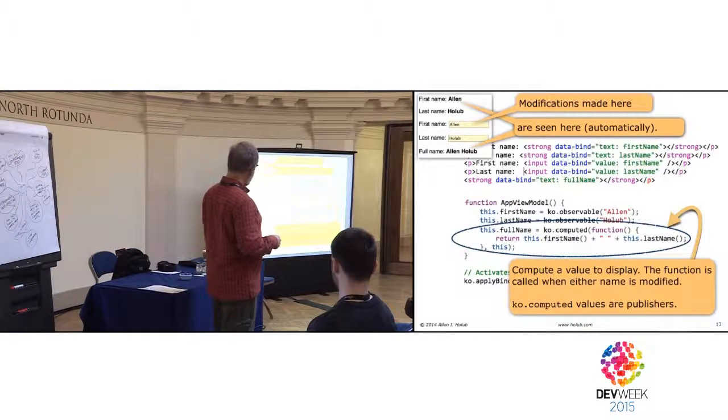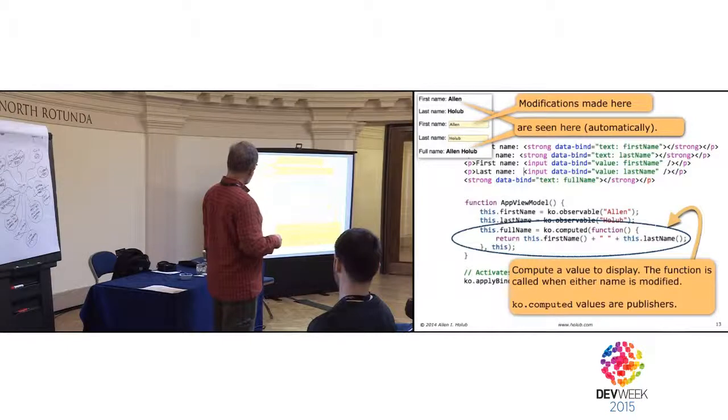And Knockout is wrapping it in a function of its own, which is saying, I want you to treat this function as something that is computing a value that's going to be put into full name, which is going to end up here. And it does that because it has this data binding. Is everyone following what I'm doing here? Right?